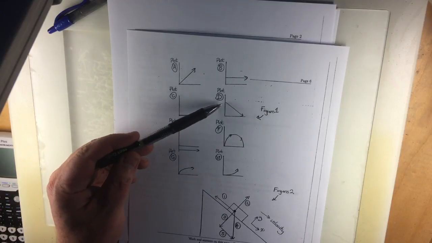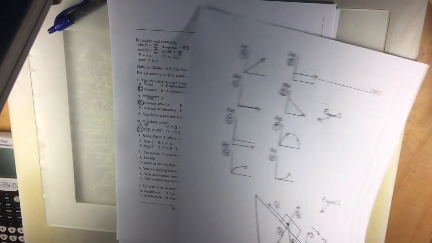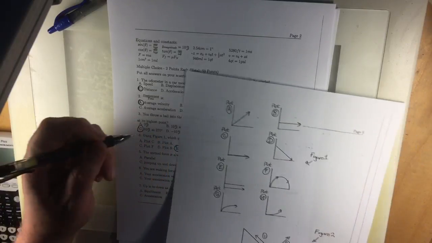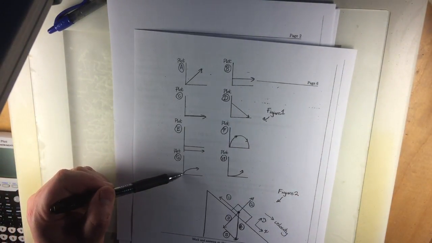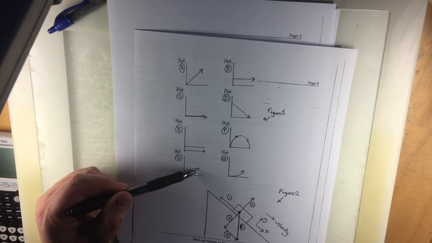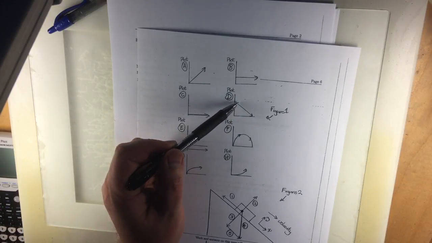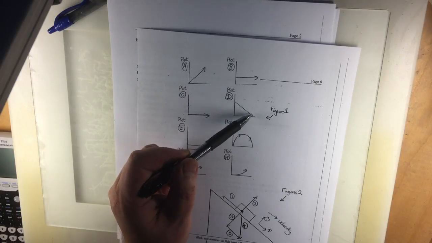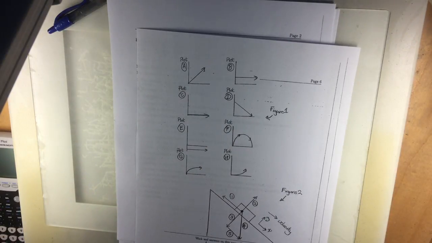It's D, plot D. Because it's slowing down. The slope of this line decreases until it finally reaches 0. So the only line that does this is this. If it were H, would it be A? Yes. Okay.